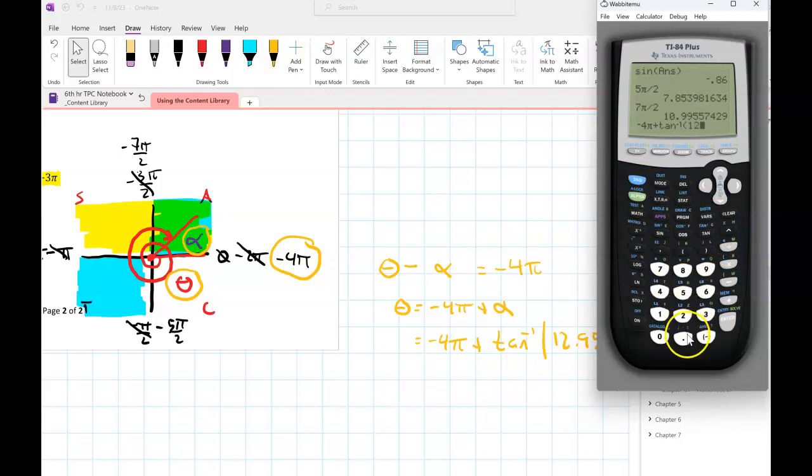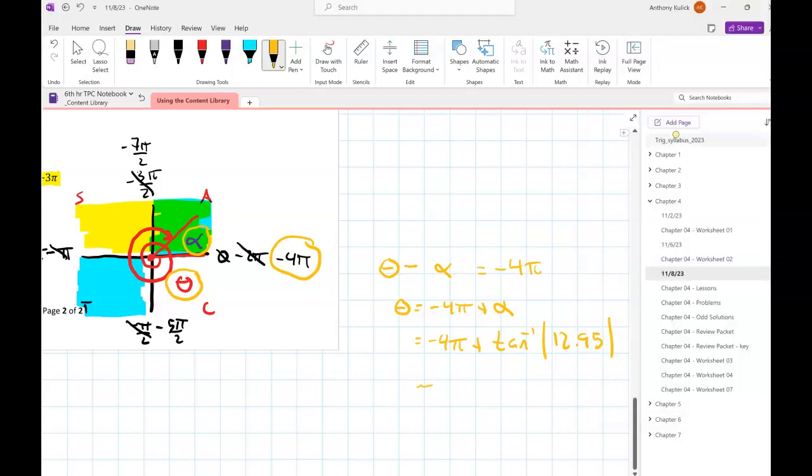And again, I'm not typing the absolute values in. I'm doing that in my head. So I get a negative 1107. Let's check that real quick.